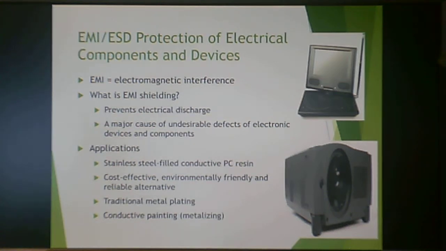This is an application area where they use a stainless steel filled conductive resin, and it's both cost effective and environmentally friendly. This replaces traditional metal plating, and it's better than conductive painting or metallizing. And because the stainless steel is integrated into the resin itself, you can get much better shapes in the parts that you're using.